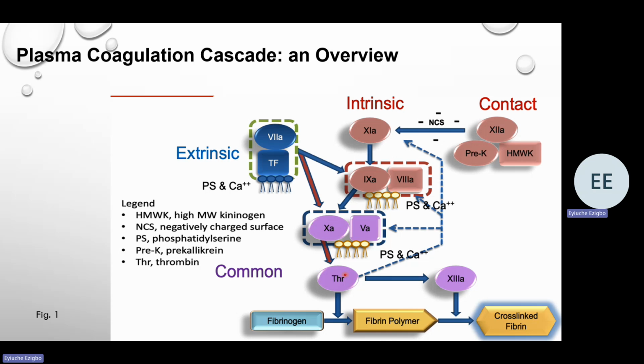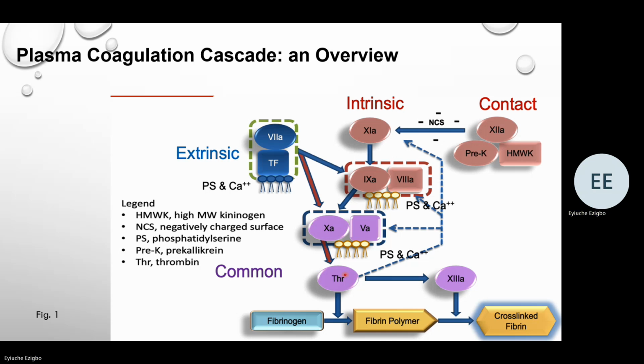This complex also cleaves and activates factor 10. Thrombin also cleaves factor 5 and factor 8. Finally, factor 12, prekallikrein, and high molecular weight kininogen are contact factors that trigger in vitro clotting in the presence of a negatively charged particle by cleaving factor 11.